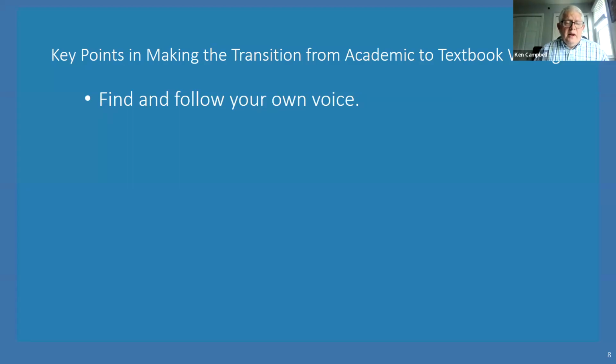Even when you're writing a textbook, you want to let the reader hear your voice coming through on the page. And you still want to think of yourself as communicating directly with someone who might be reading your words or hearing your voice. I think that's really, really important.